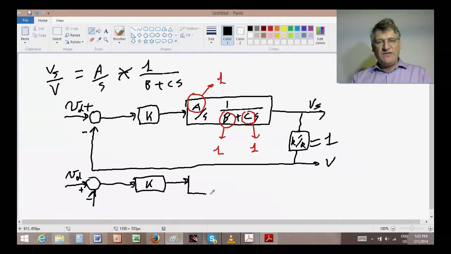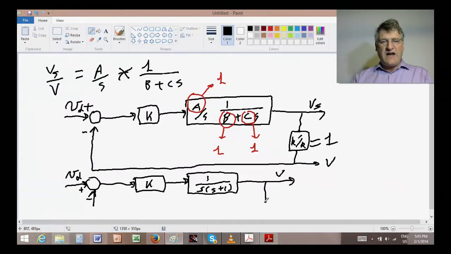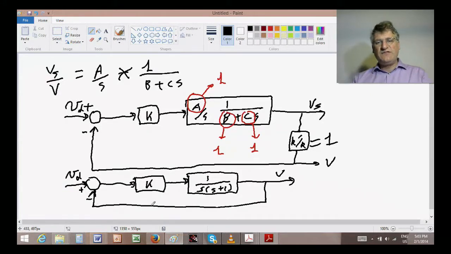And we have a system, a model, that looks like 1 over S times S plus 1. We have V at the output, and we feed V back into the system. Again, we have a bunch of electronics hidden, but we've seen that we can do it.